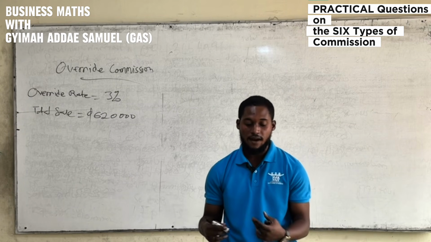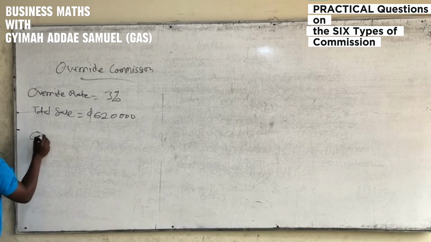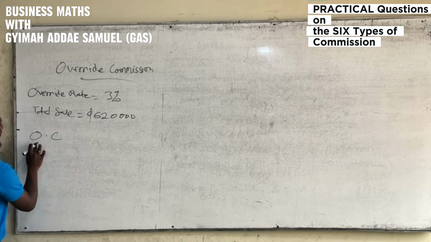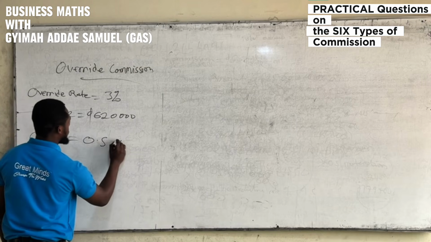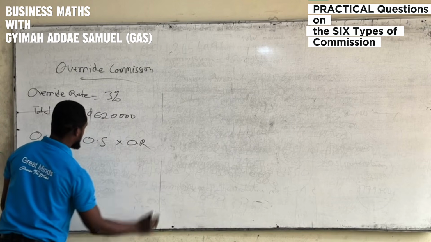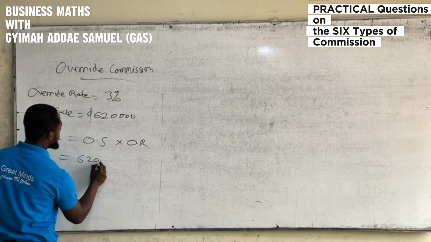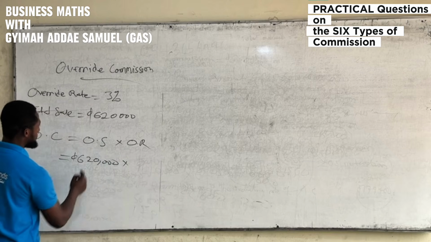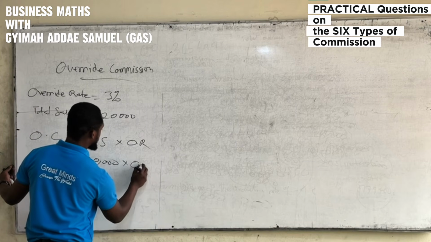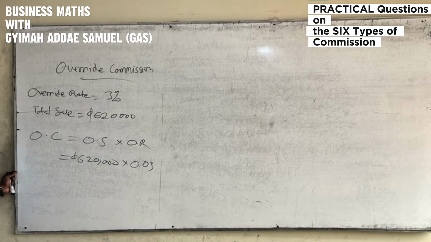So override commission, which is OC, becomes override sales times override rate. So now the override sales here is 620,000 Ghana cedis, multiplying override rate, which is 3%, when computed into decimals, becomes 0.03.